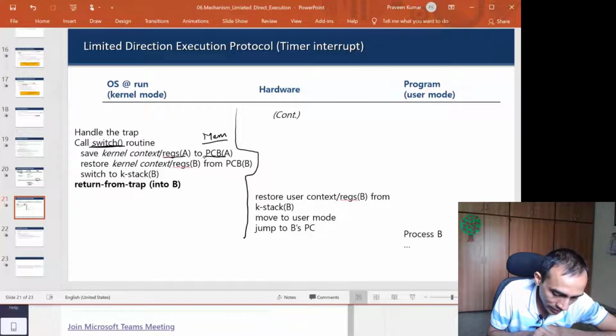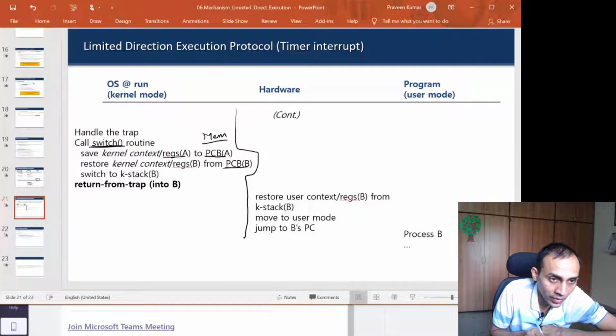It is going to save the kernel context of the process A into the PCB, and it will restore the kernel context of the another process which is going to run now from the PCB of that process. Similarly, there will be a PCB of process B. So it is going to restore the kernel context, or the register values, from the PCB of the second process B, and it is going to switch to the kernel stack.